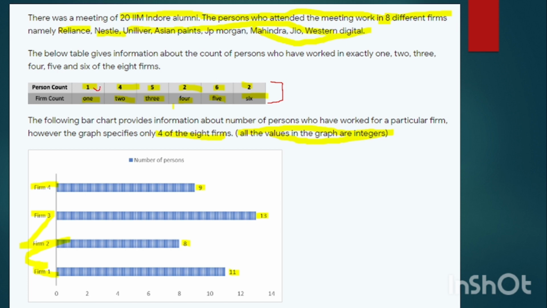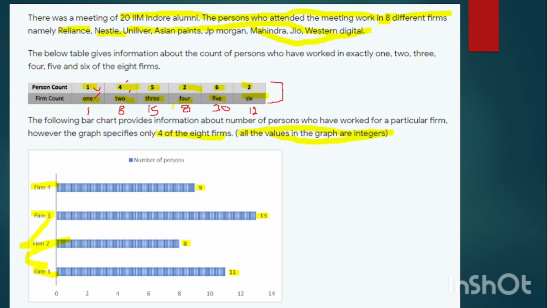One person worked in one firm, 4 persons worked in 2 firms, so I can get the total by multiplying these. 1 into 1 is 1. 4 into 2 is 8. 5 into 3 is 15. 2 into 4 is 8. 6 into 5 is 30. 2 into 6 is 12.